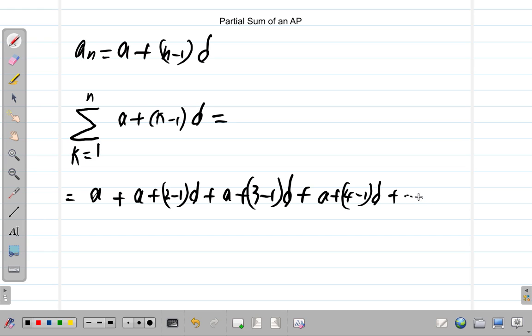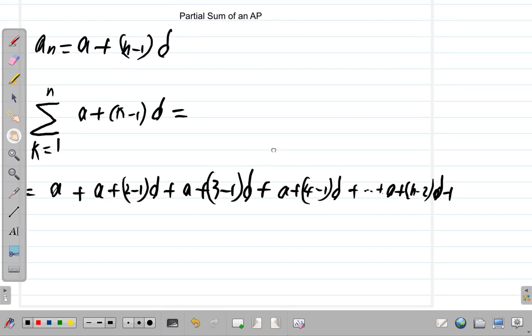So we say plus a plus n minus 2d. Let me rewrite that. N minus 2d. You see that? Plus, I have limited space.